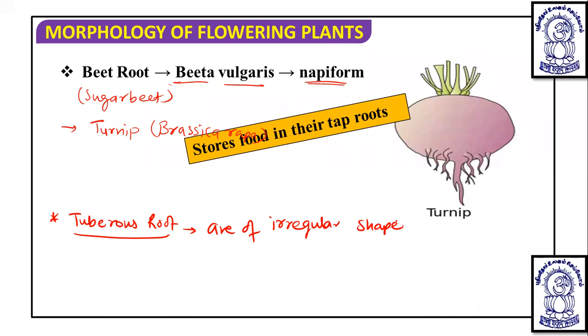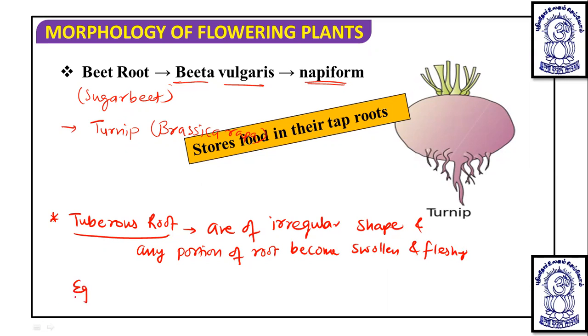Any portion of root becomes swollen and fleshy. So those are tuberous roots, and they are found in the plant known as Mirabilis jalapa. Okay, so those are tuberous roots.